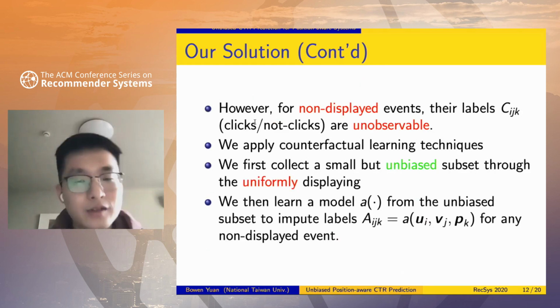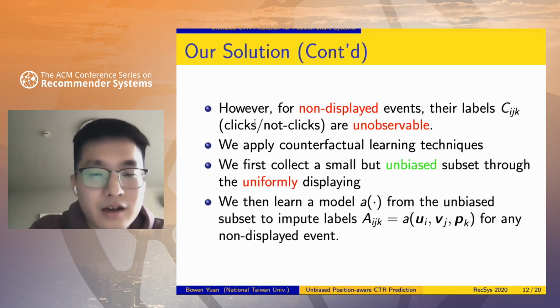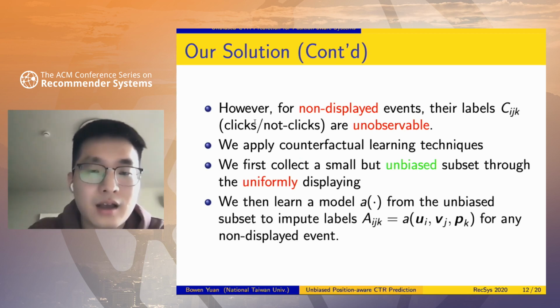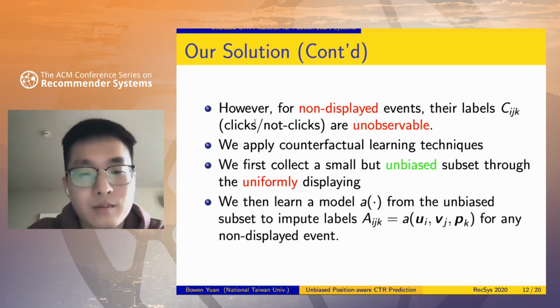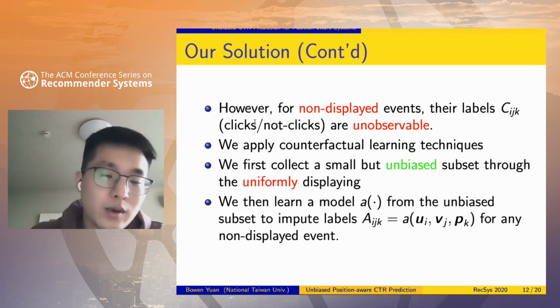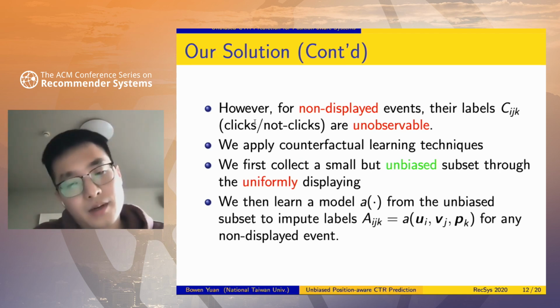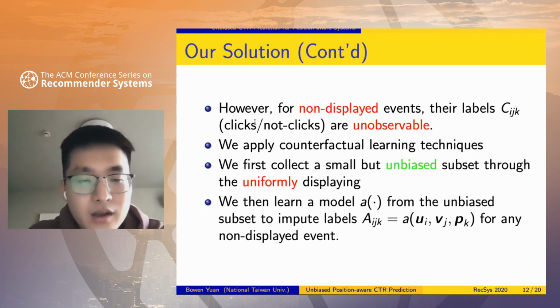Okay, however, for non-displayed events, all clicks on these events are unobservable. So we have no labels for non-displayed events. So we apply counterfactual learning techniques. They first collect a small but unbiased subset through uniform displaying.